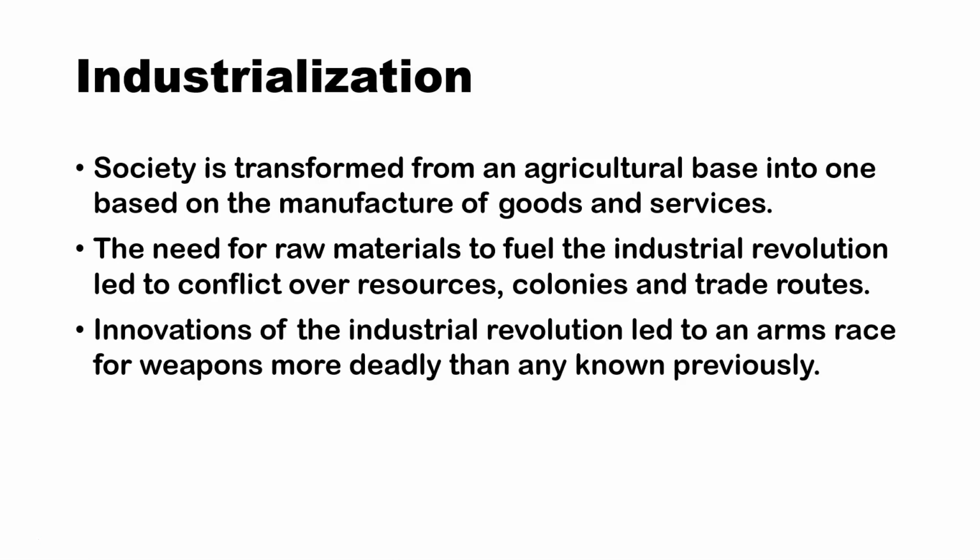The innovation of the Industrial Revolution led to an arms race for weapons more deadly than any known previously, and one thing history has shown, arms races tend to lead to war. You stockpile them, you keep thinking the other fellow has more guns and bombs than you, someone's going to start using those guns and bombs.